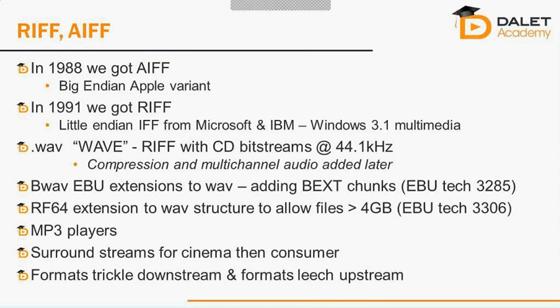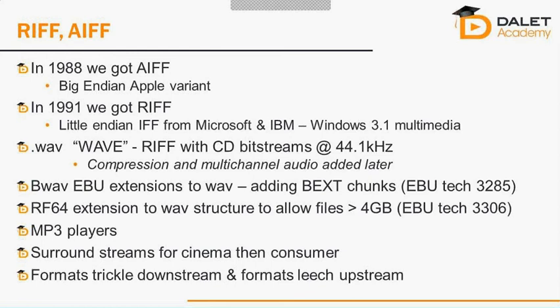Fast forward 2 or 3 years, and we end up with 2 different fundamental media types. We have the AIFF, the Apple IFF, and RIFF, or RIF, the Resource Interchange File Format. What's the difference? Well, pretty much they were the same as each other, except because at that time, Apple was using Motorola chips, which were big endian, AIFF was the big endian variant.